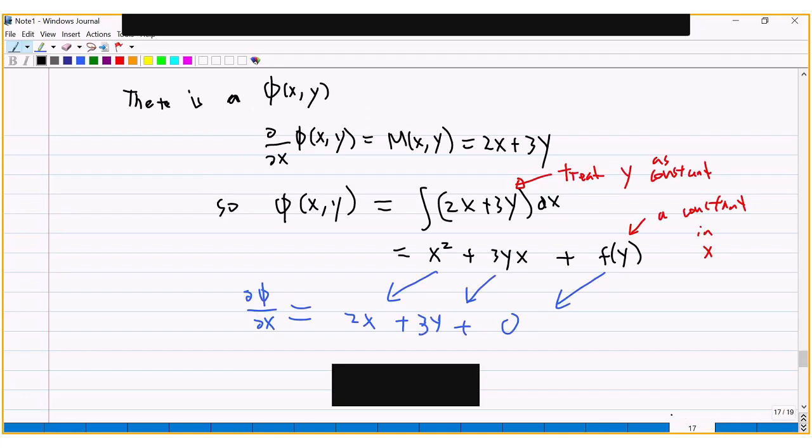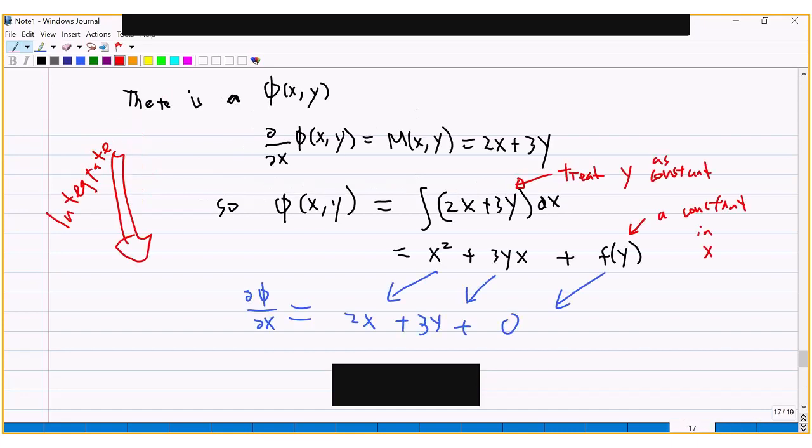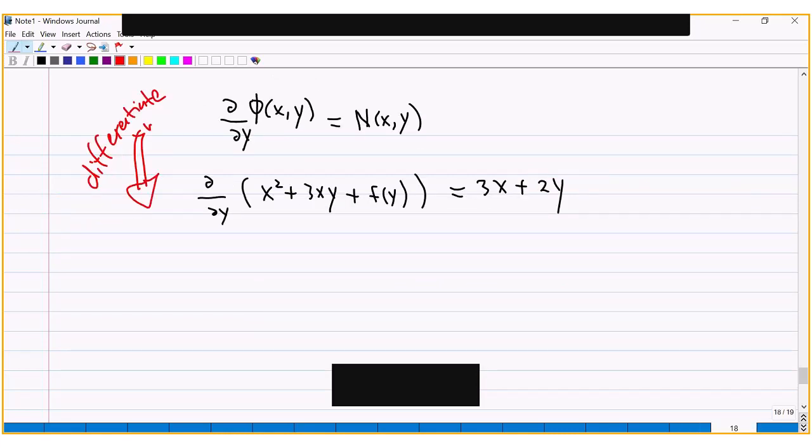So the earlier step was integrating first, with respect to x. Now I differentiate with respect to y.